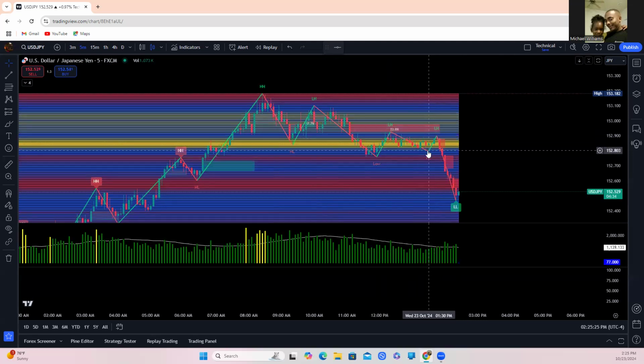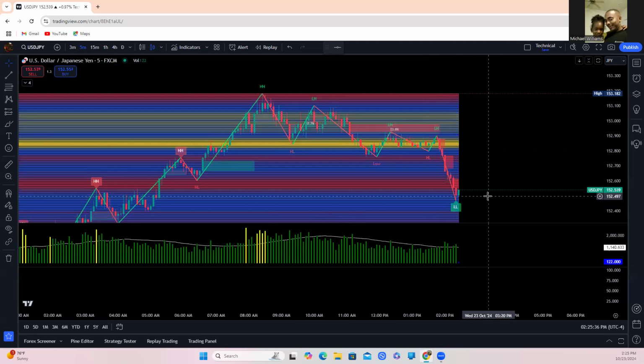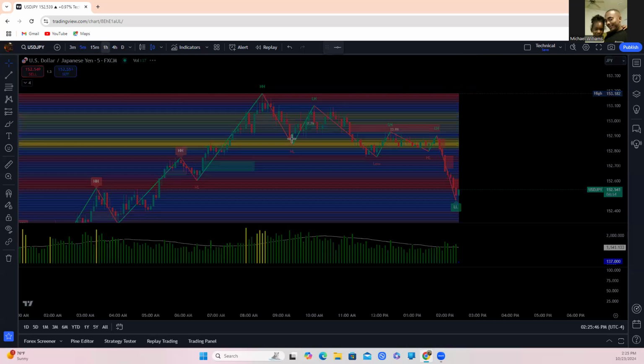Notice it created another lower high. That is a great sign, and price continued to push down. You see, that's how that works. You need to get the structural changes first on the lower time frame if you want to catch that first leg, that first wave on the higher time frame.